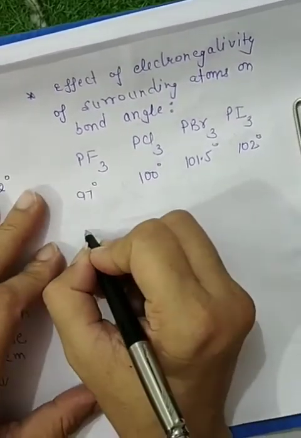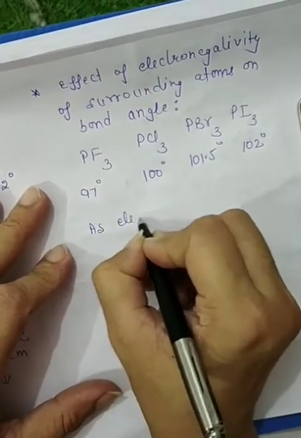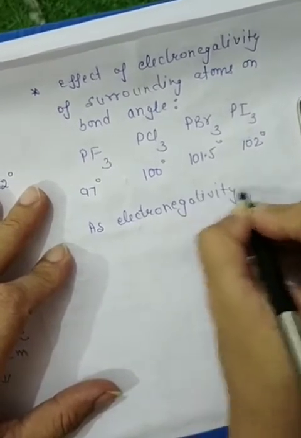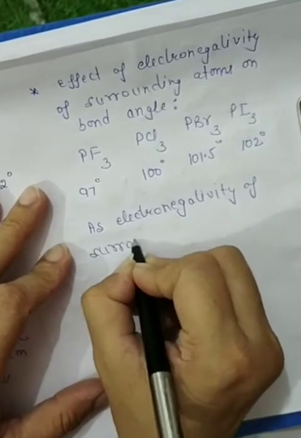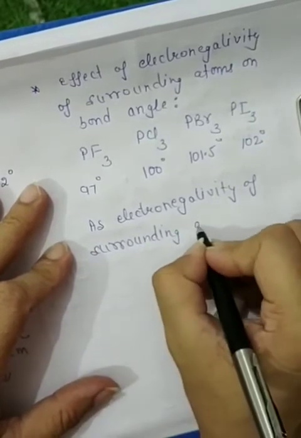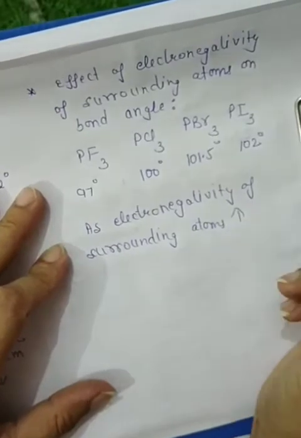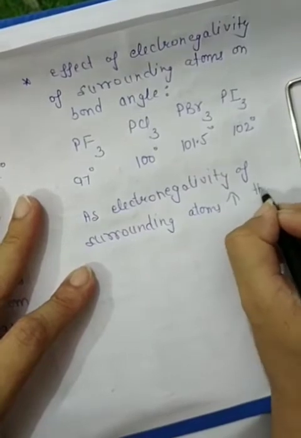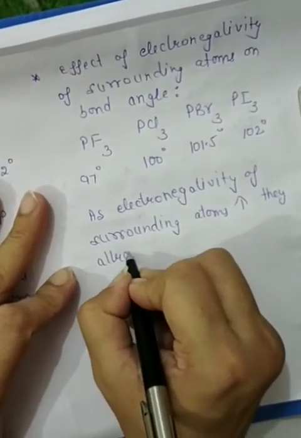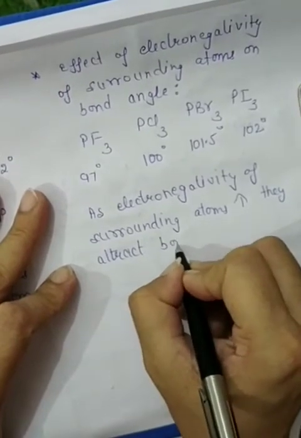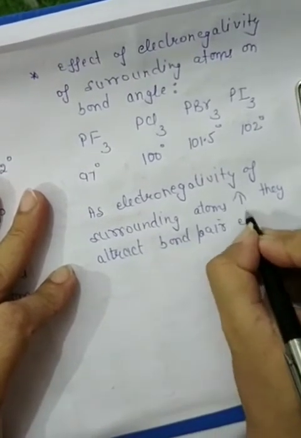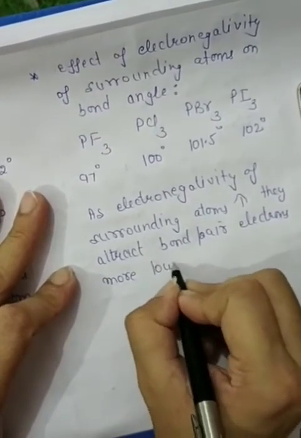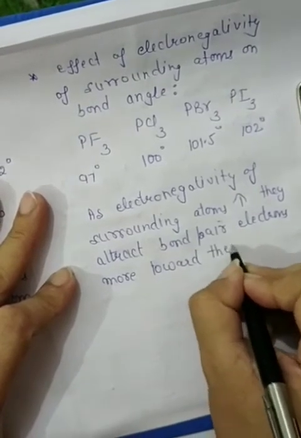The reason is similar: as the electronegativity of surrounding atoms increases, they attract bond pair electrons more toward themselves.